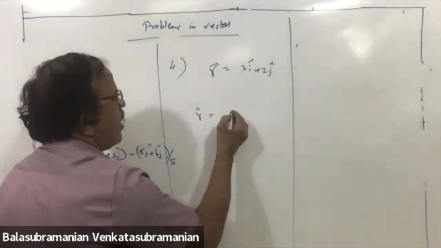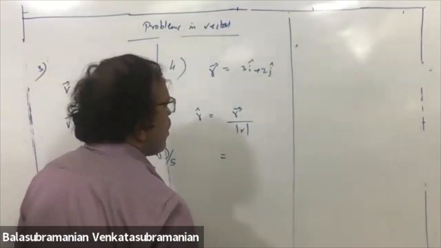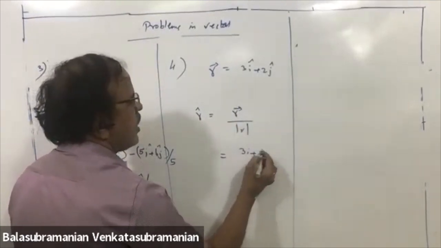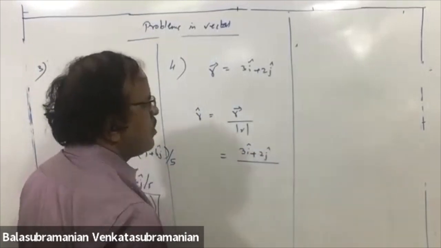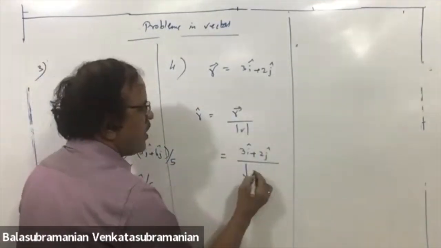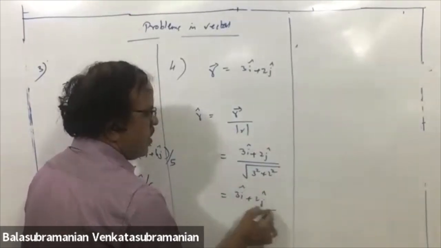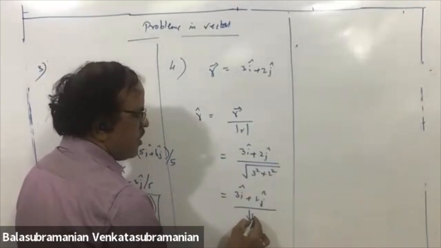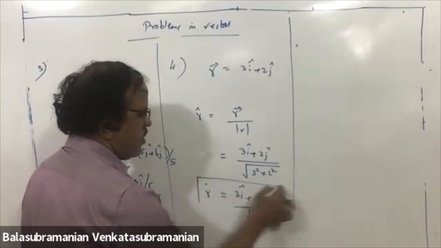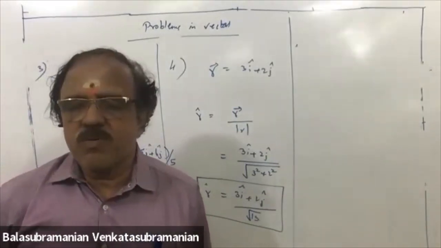R cap means R vector by modulus of R. What is R vector? 3i plus 2j by modulus, root of 3 square plus 2 square. 3i plus 2j, 9 plus 4, root 13. Simple. This is the solution for the problem.